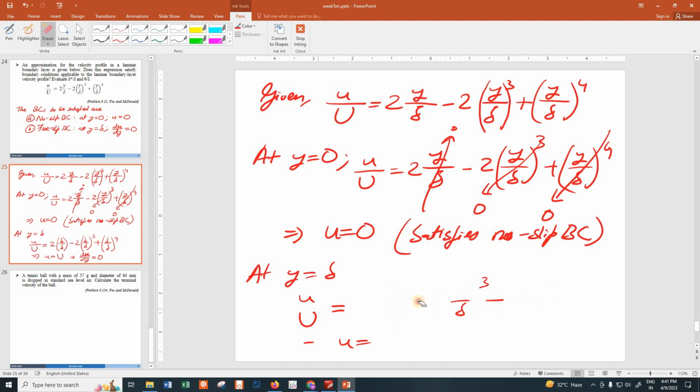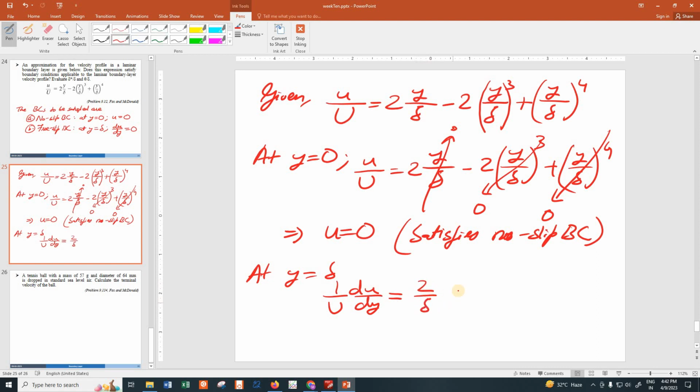Now du by dy is equal to 2 by delta minus 6y squared by delta cube plus 4y cubed by delta to the power 4.